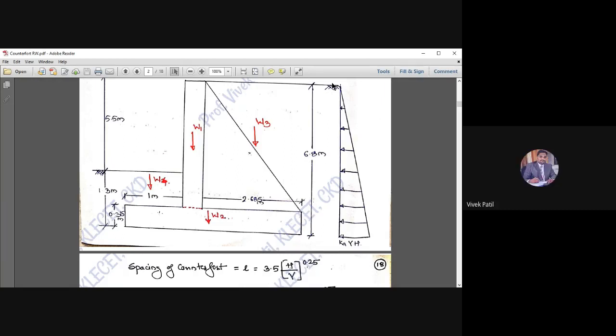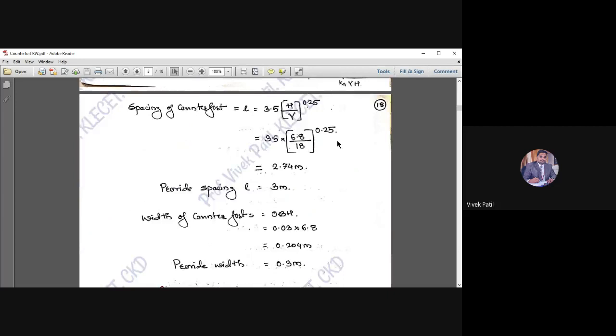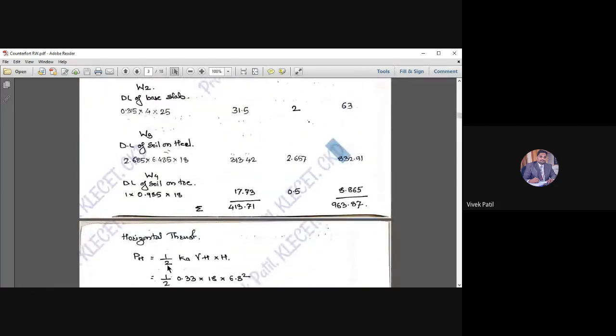So half into base, that is Ka into gamma H, and the height is 6.8, which is again H. So the formula is 1/2 Ka gamma H into H, that is H square. Just replace the values. Ka is 0.33, which we calculated as 1 minus sin phi divided by 1 plus sin phi. Gamma is given as 18 and height we calculated as 6.8.